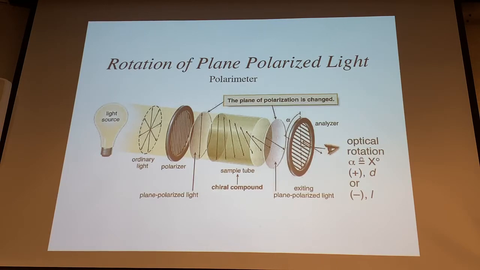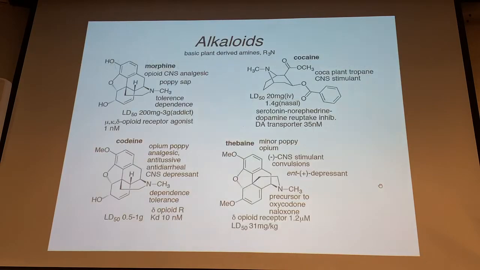And it's that rotation here, alpha, sorry, we use alpha as a designation for this specific rotation. If it's rotating to the right, we call it dextrorotatory. If it's rotating to the left or minus that degree, we call it levorotatory, D and L. And if it's a 50-50 mixture of the D and the L enantiomer, it's racemic, okay? I'll write a bunch of these values on the board here in a second.